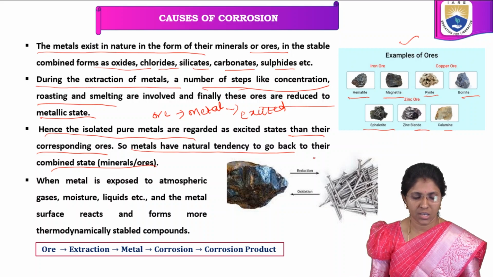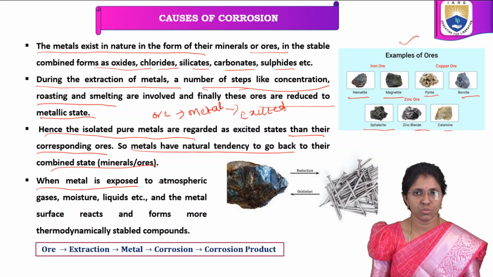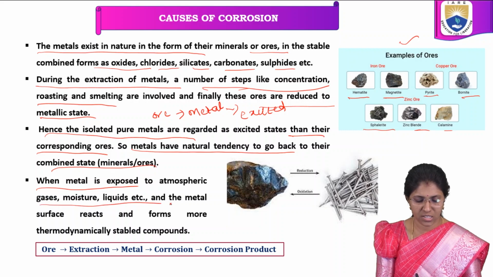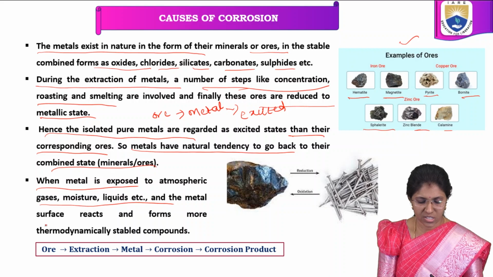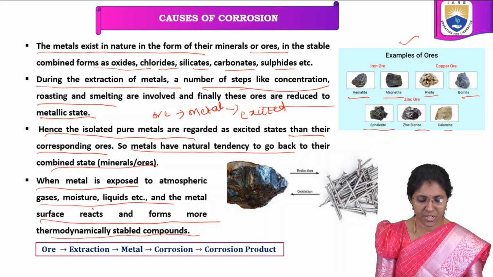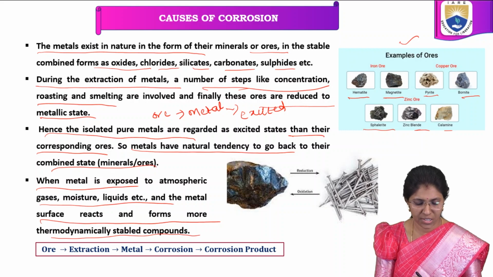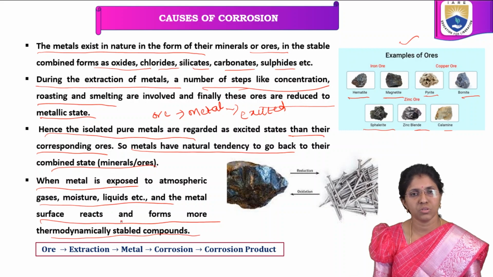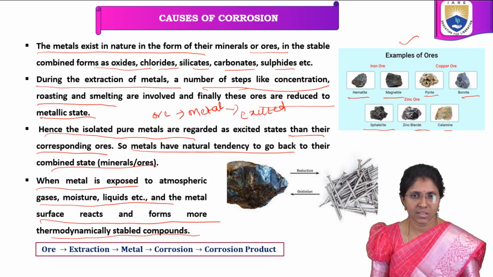When the metal is exposed to atmospheric gases, moisture and liquids, the metal surface reacts and forms more thermodynamically stable compounds. This is what we call corrosion.